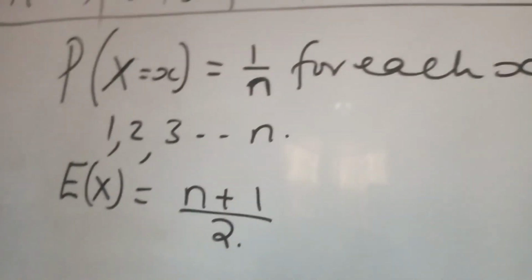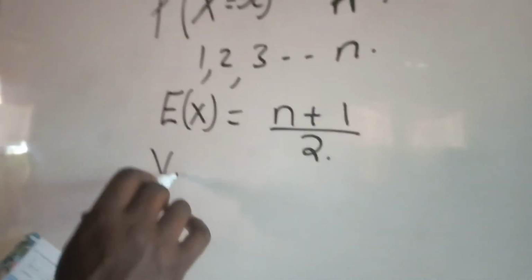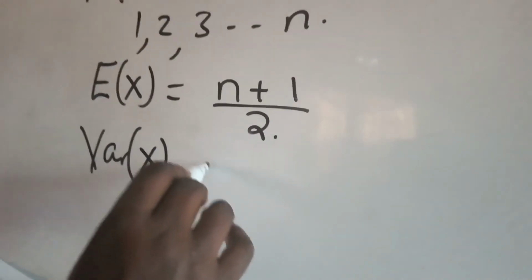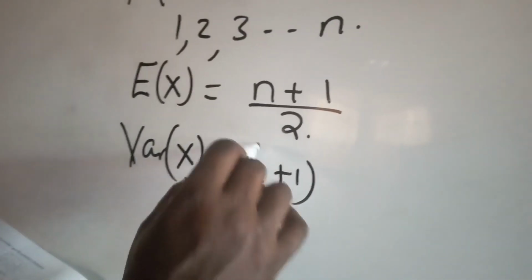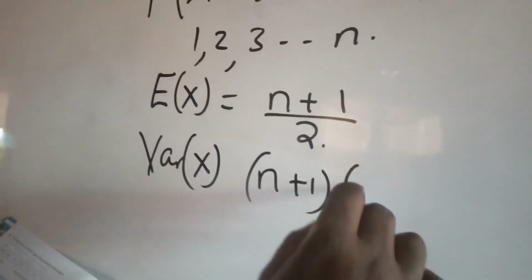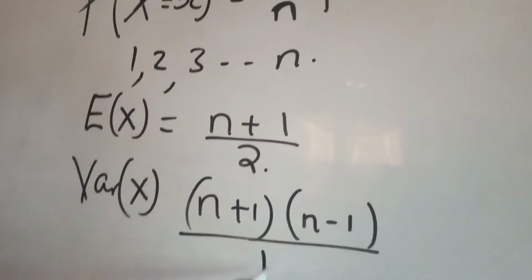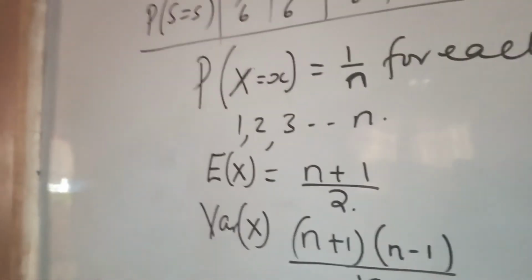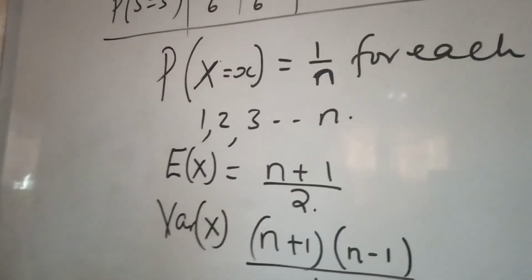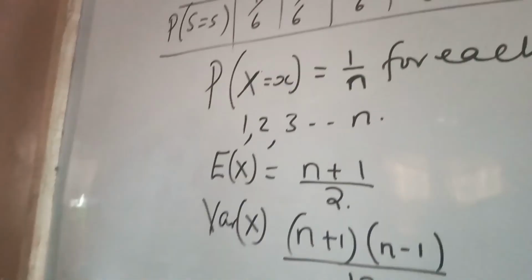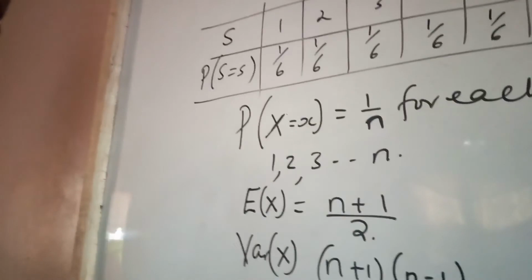Please note that. And the variance of x is given by n plus 1 multiplied by n minus 1, everything divided by 12.